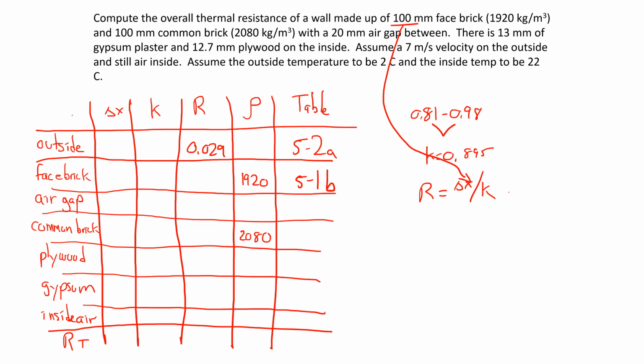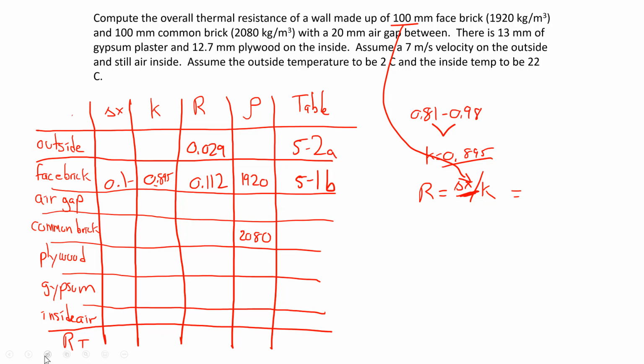So if you plug in 100 millimeters for the thickness and the conductivity of 0.895, and you do your right unit conversion, the thickness is 0.1. You divide 0.1 by 0.895, and you should get a resistance of 0.112 meters squared Celsius per watt.